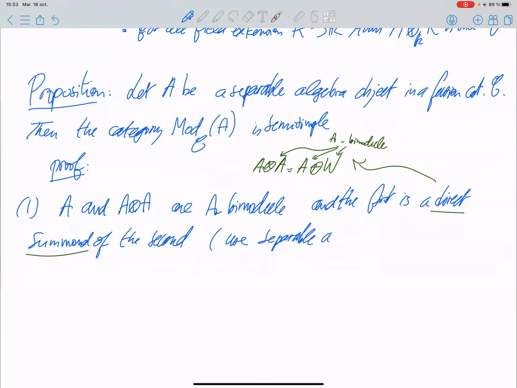So you use delta plus the semi-simplicity of C, because C is a fusion category, so in particular it is semi-simple. Okay, next.